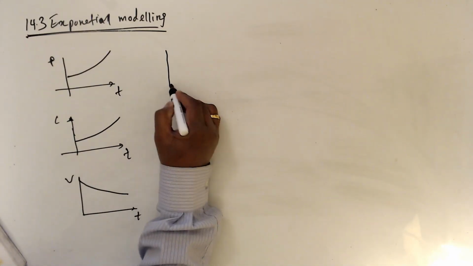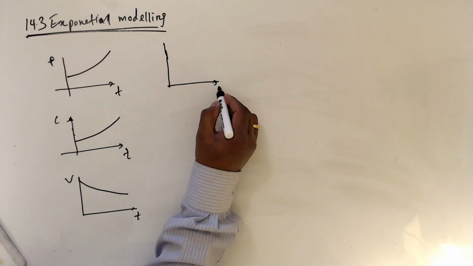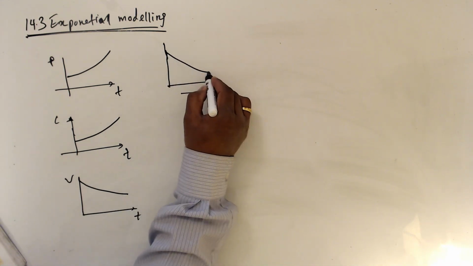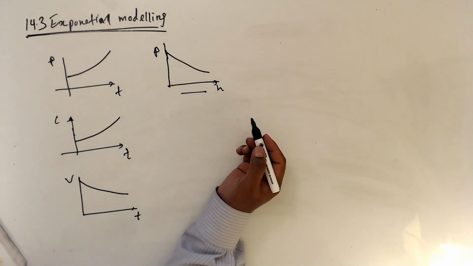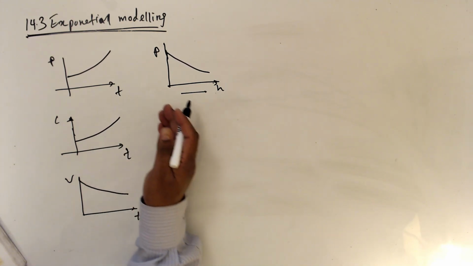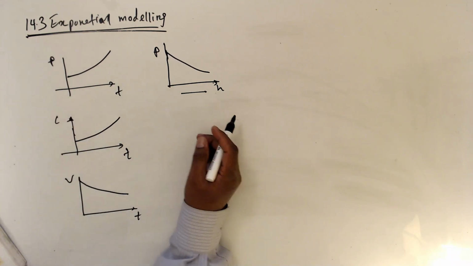Or temperature, height and pressure. When height is increasing, pressure is lowering, so it behaves exponentially. Likewise, day-to-day incidents we can explain using exponential functions. So that is simply exponential modeling.